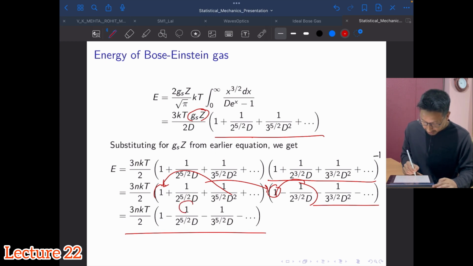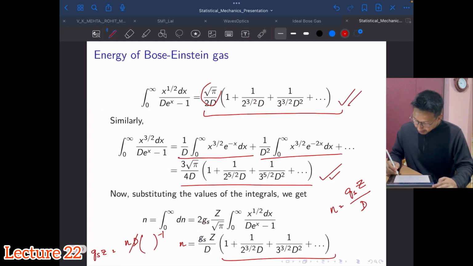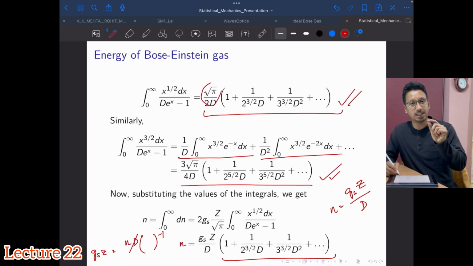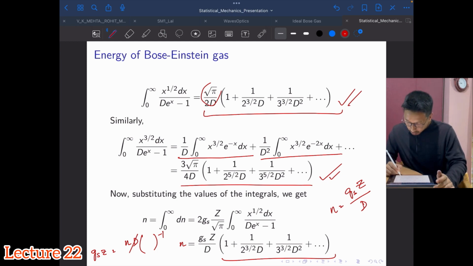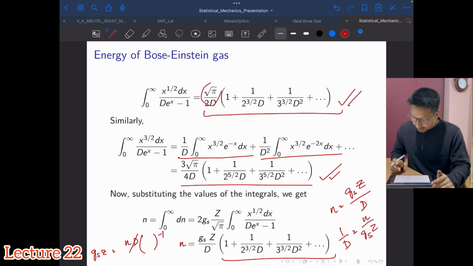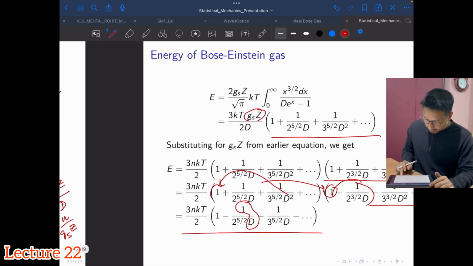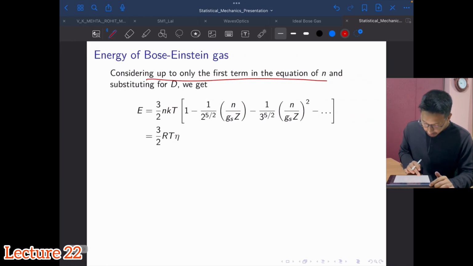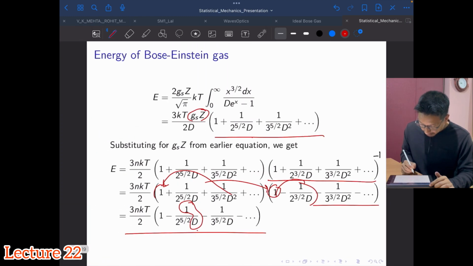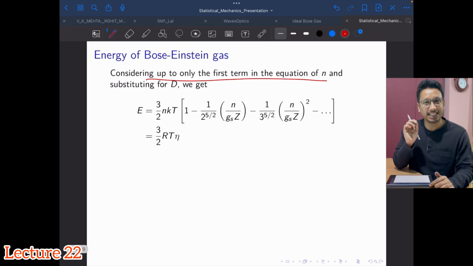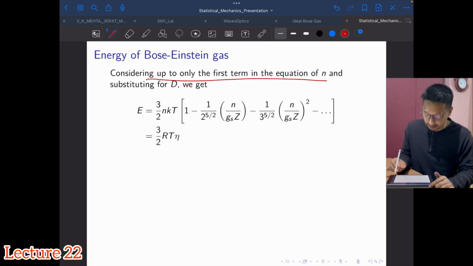If I take the expression of n only up to the first term, 1 by d is given by n by gs z, right? So I had this 1 by d here, and 1 by d is n by gs z. Substituting for each term, I will get this.